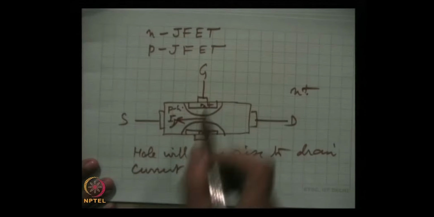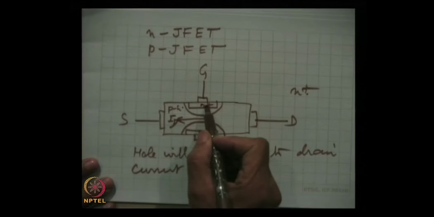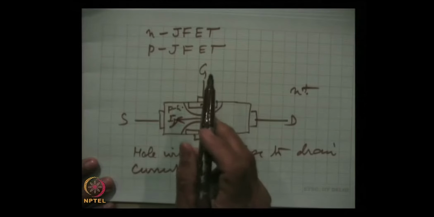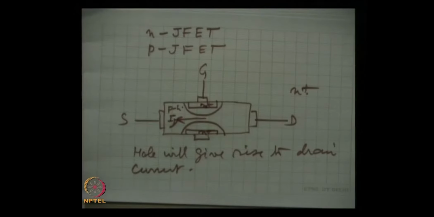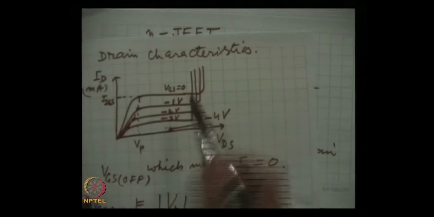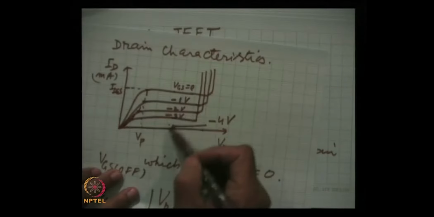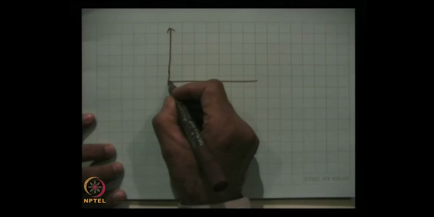Here, this is N type, mind it, to reverse bias the junction, the gate has to be positive. So, the characteristics will be identical, only the polarities will be different. Here we have taken VGS 0, here also it will be the same, but here these voltages have to be positive. So, the drain characteristics will be exactly the same.